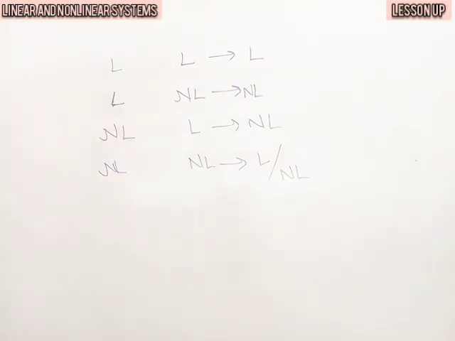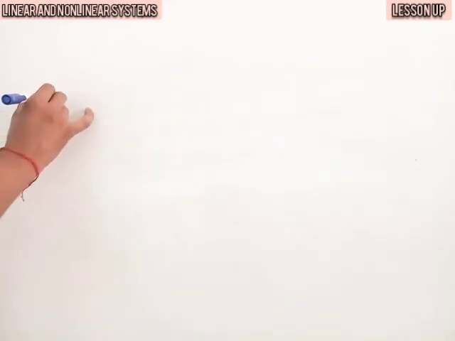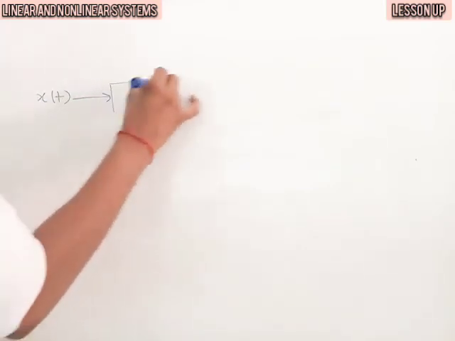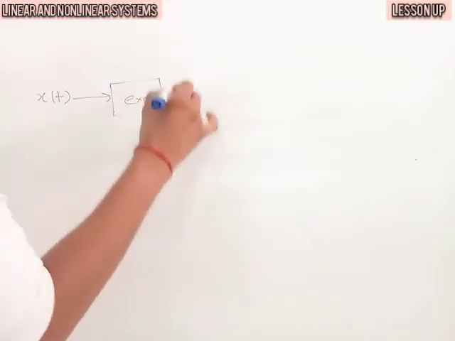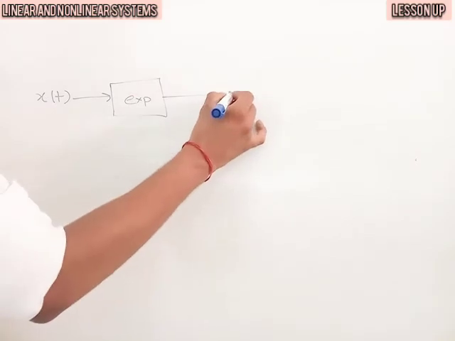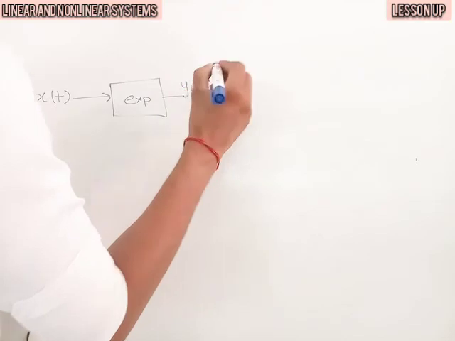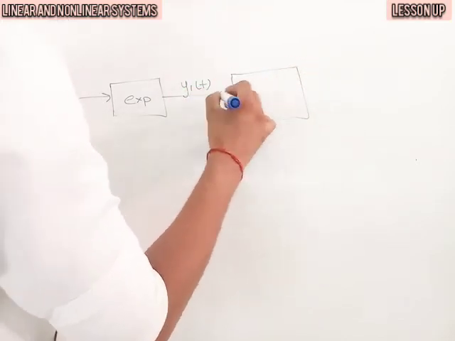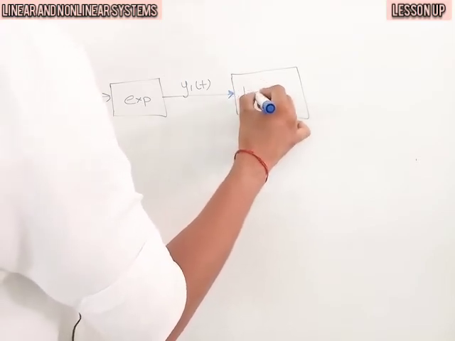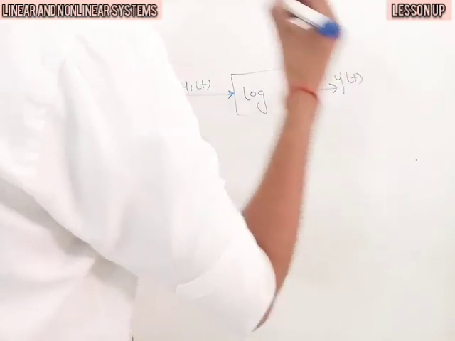Okay, we will see this. Suppose x of t is given to the first block, which contains an exponential operator, and this will give y1 of t as an output, and this output is given to a second block which is a logarithmic operator, and this will give you output y of t.